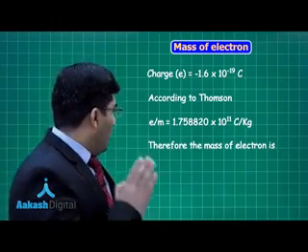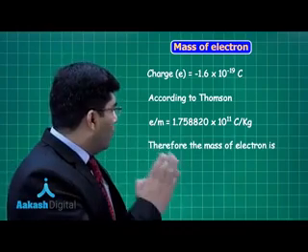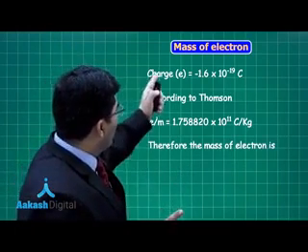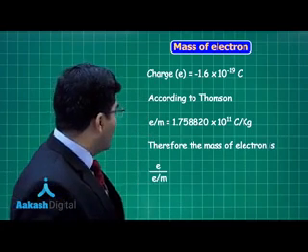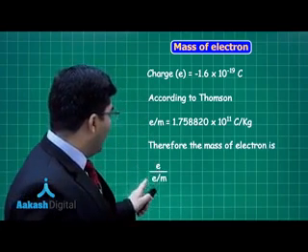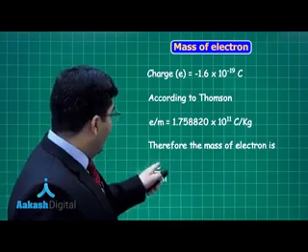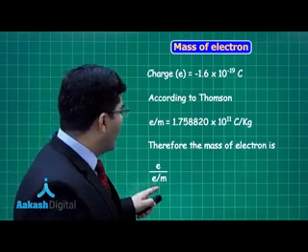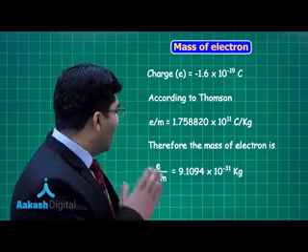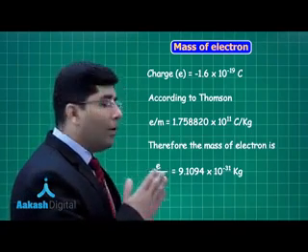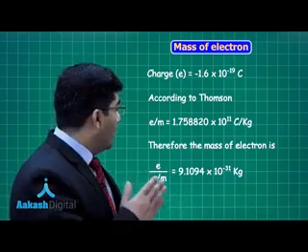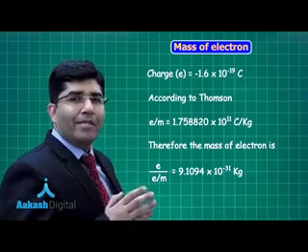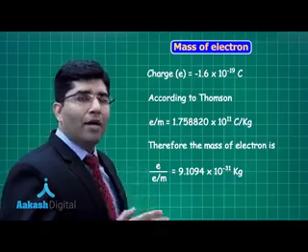So we can find the mass of the electron by dividing the charge of the electron by the specific charge, that is, e divided by e/m. The e, the charge of the electron, cancels out and we get the value of the mass, which is 9.1094 × 10^−31 kg. That's how they determined the mass of the electron.